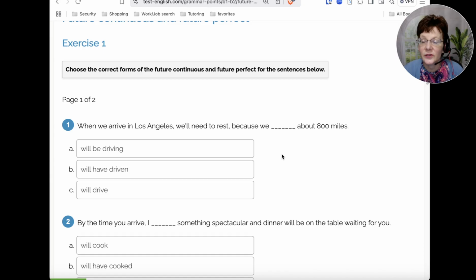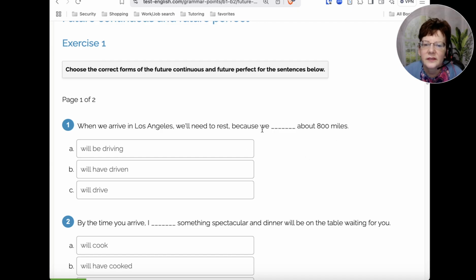All right, so exercise one. So multiple choice here. So choose the best, either future continuous or the perfect form. So when we arrive in Los Angeles, we'll need to rest because we about 800 miles. Okay, so we'll be driving, we'll have driven, or will drive.